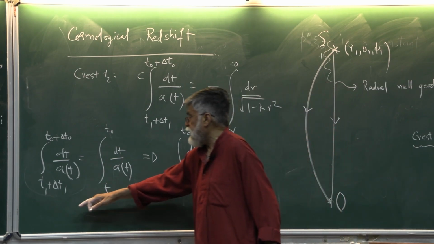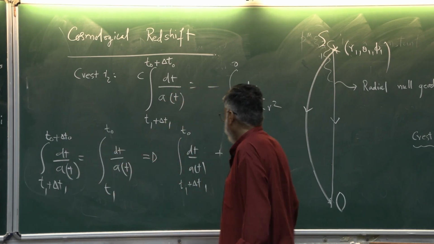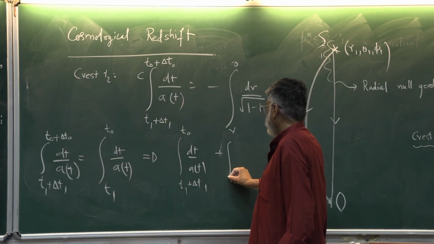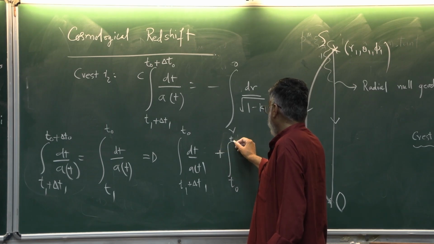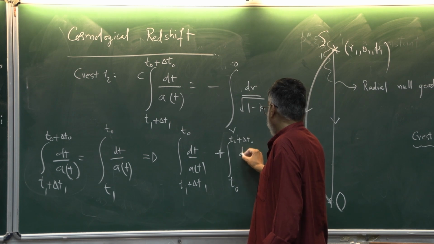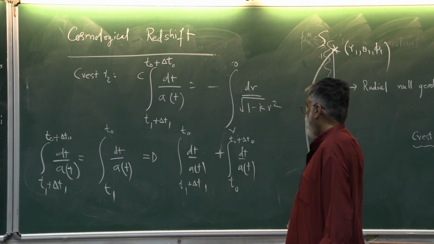So this quantity, the LHS, can be written as the integral from t naught to t naught plus delta t naught of this, and finally the RHS.